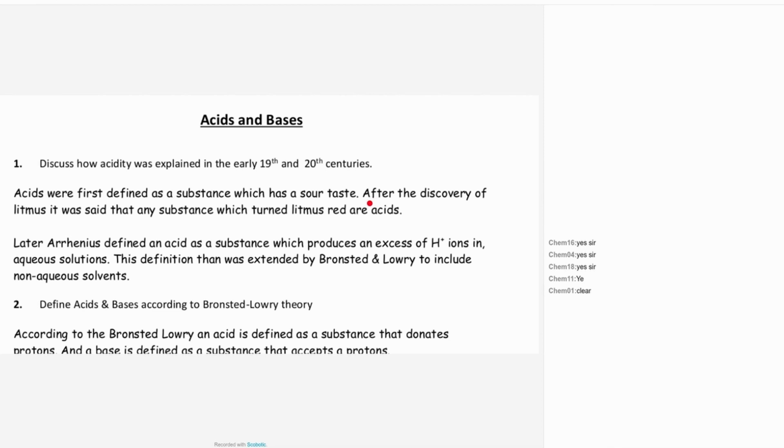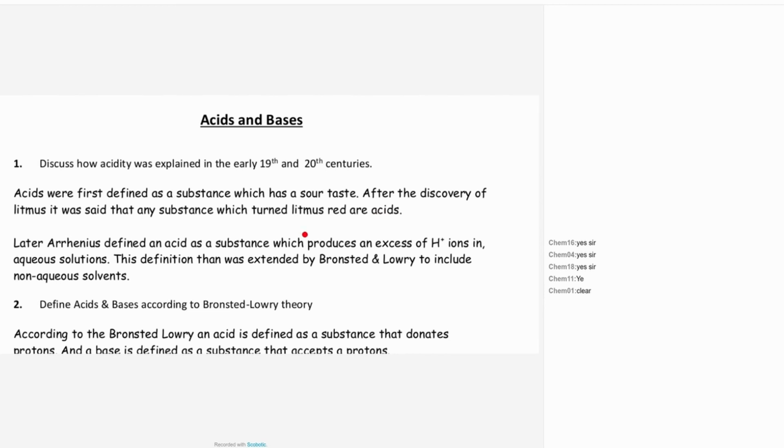So this is 3 stages, right? In the definition of acids, first is the tasting, then the litmus test, and Arrhenius said anything which gives H+, that's the 3rd stage. And we are in the final stage, which is the most accepted definition of acids and alkalis, the Bronsted-Lowry theory of the acid.